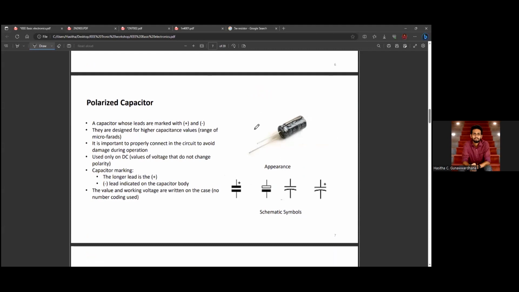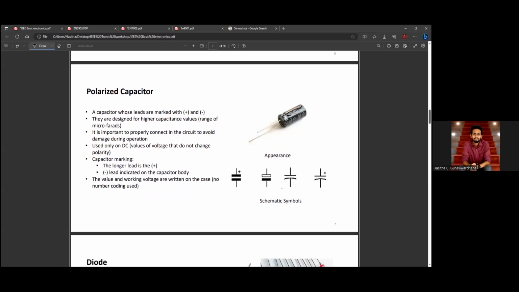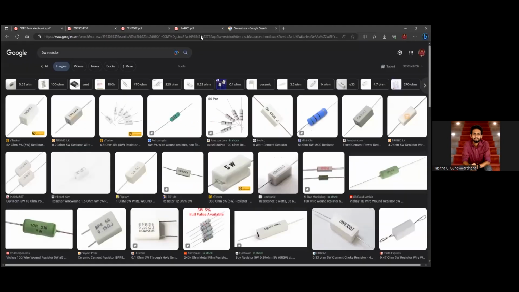If we interchange these two, this capacitor will also be damaged or it may explode. Here, you can barely see, this capacitor is rated 10 volts and 2200 microfarad.